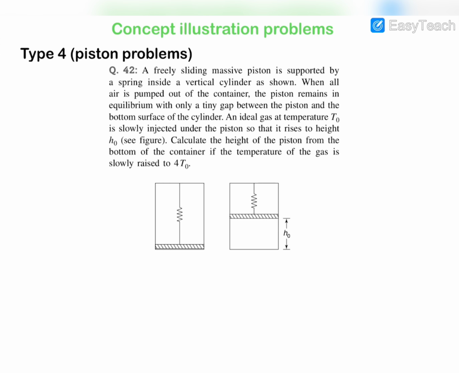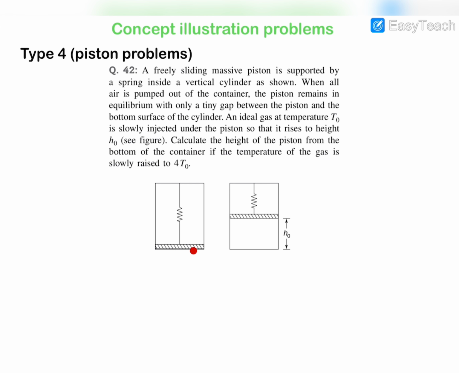In this question you can see that there is a freely sliding massive piston, which has a high amount of mass, supported by a spring as shown in the figure.